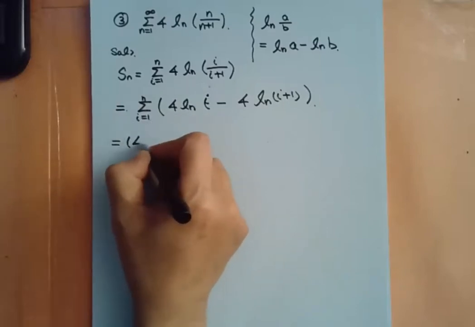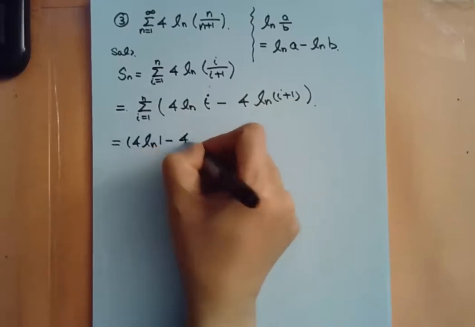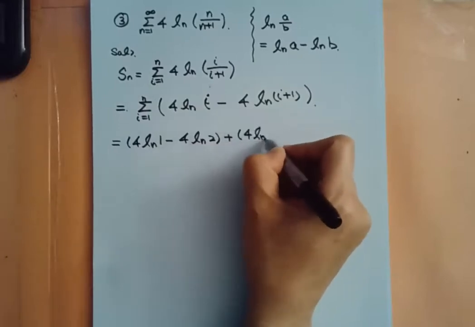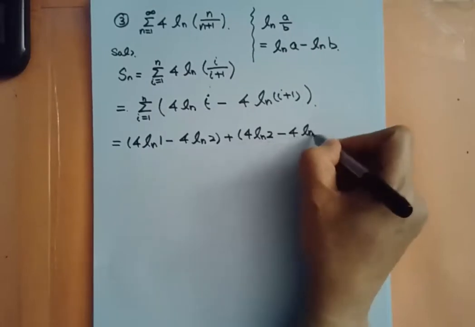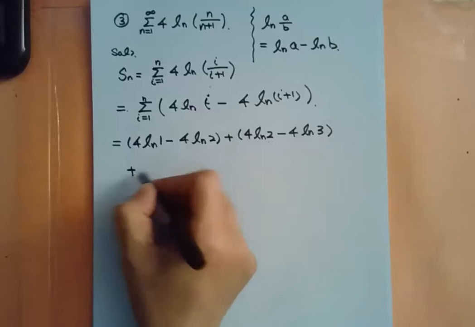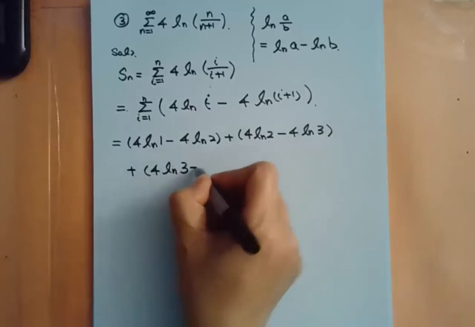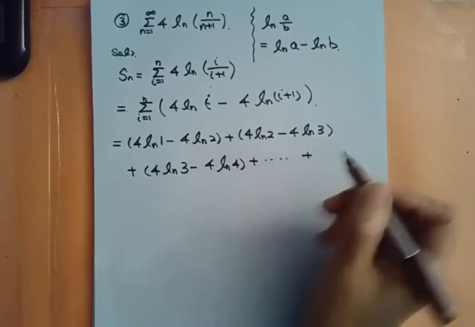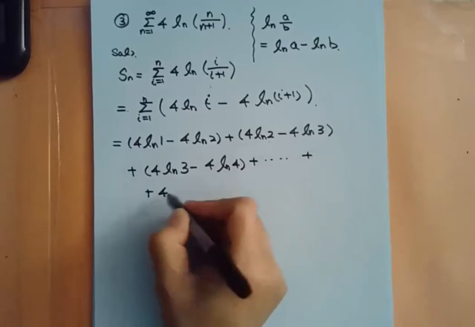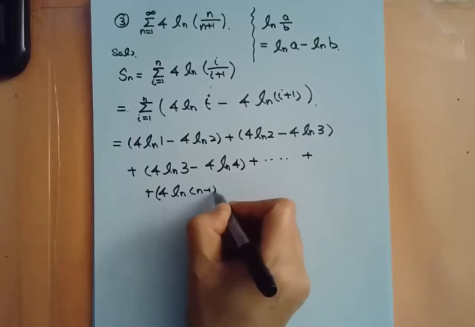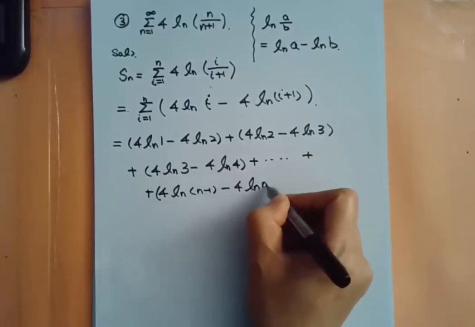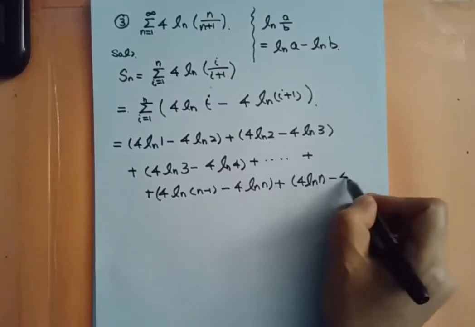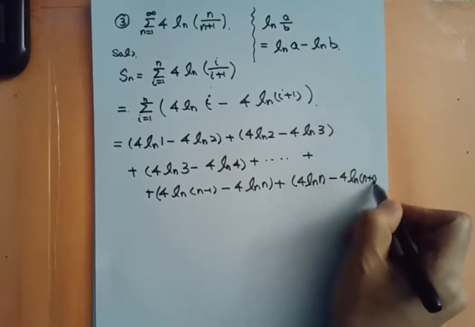So 4 natural log of 1 minus 4 natural log of 2 plus 4 natural log of 2 minus 4 natural log of 3 plus 4 natural log of 3 minus 4 natural log of 4 plus, up to 4 natural log of n minus 1 minus 4 natural log of n plus 4 natural log of n minus 4 natural log of n plus 1.